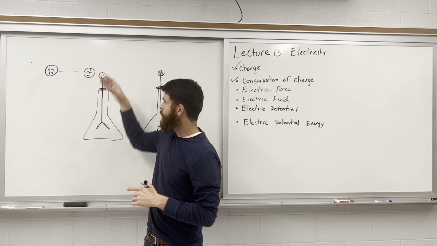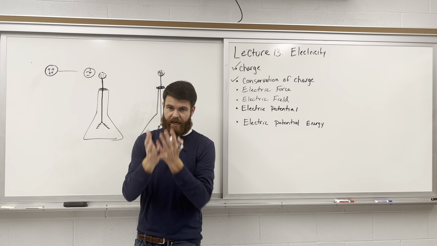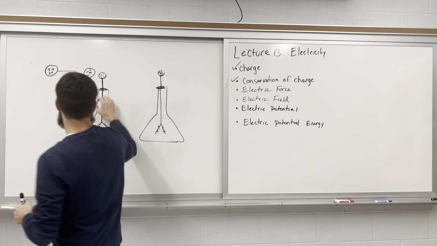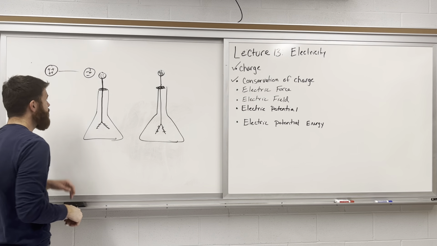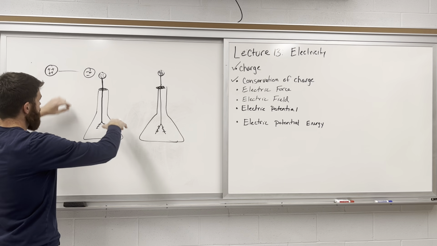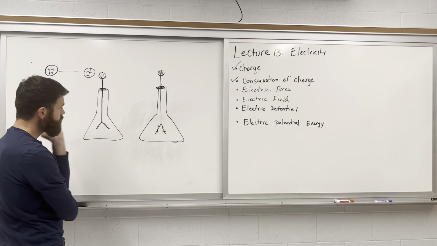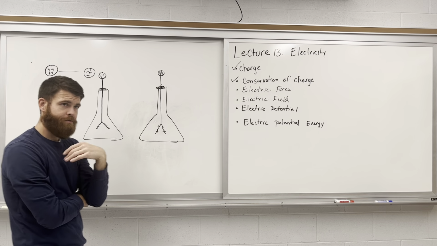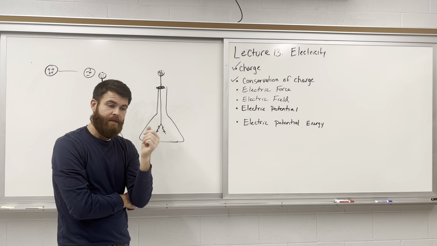If it's the opposite charge, they will get narrower. It depends on whether the charge is pushed further down into the foil or pulled up out of the foil. So you can use a charged electroscope to determine the charge of another object.